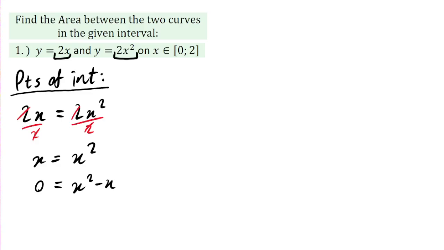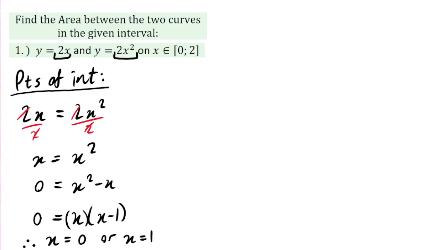Then we can take out a common factor of x, and we will be left with 0 is equal to x times (x minus 1). And therefore, x is equal to either 0, because that's in the bracket, or x is equal to 1. So there we go. We just got our two points for the function.